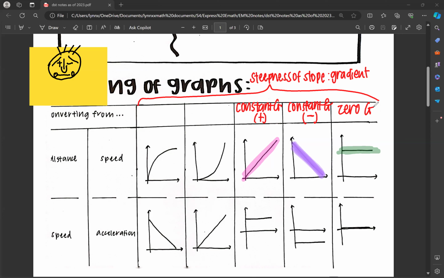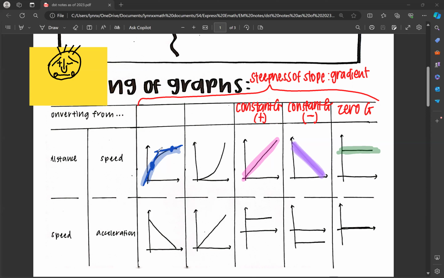Now, let's go to the blue one. Now, for the blue one, I need your attention. Look very carefully. Usually from the graph, we read from left to right. So let's say I have this point here. Then I draw this line. Remember, do you remember this is called a tangent?